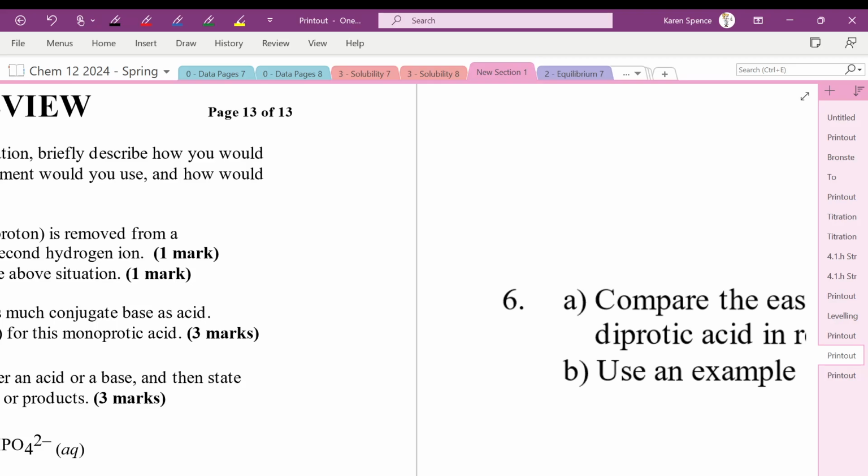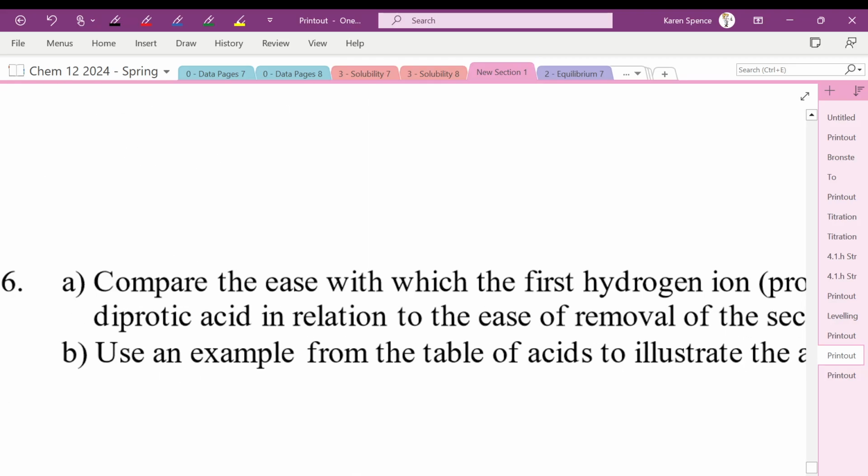Just bring it. Okay. So you should be on your pink booklet on page 6. Go find a diprotic acid.